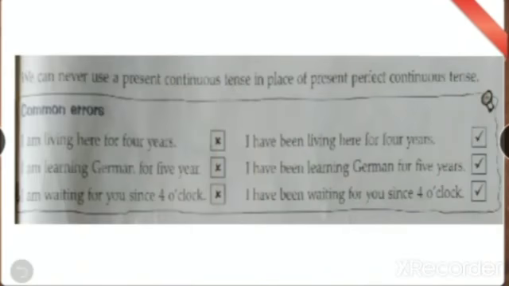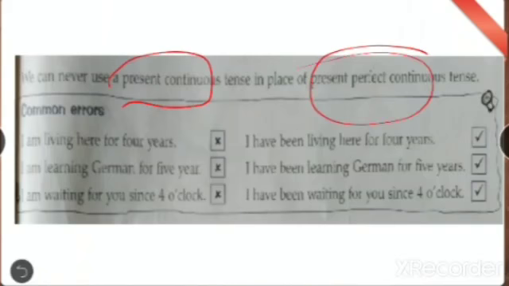Now, we can never use present continuous tense in place of present perfect continuous tense. If you think that you can use present continuous and present perfect continuous at the same time, it's not okay. Why is it not okay?